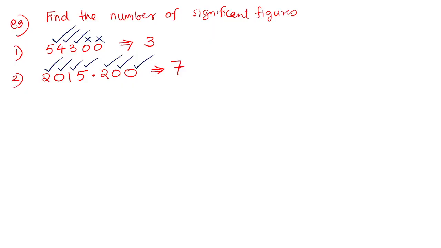One important point: if there is any 10 raised to, you need not count it. For example, 52.5 times 10 raised to 11. Suppose you have to find the significant figures. I will tell you a simple technique. If there is 10 raised to something, you need not consider it.